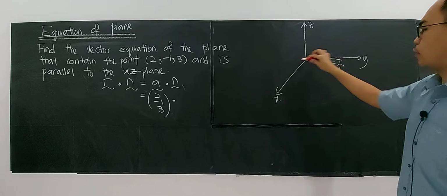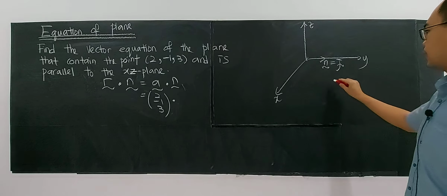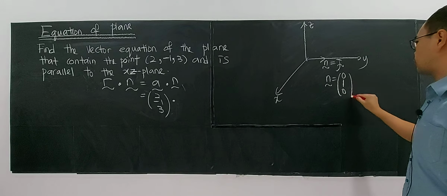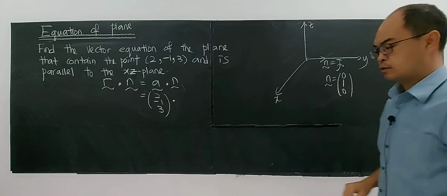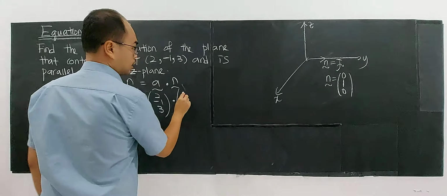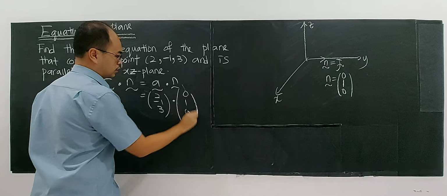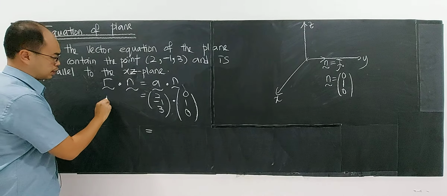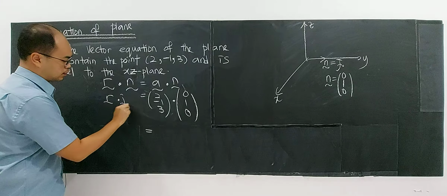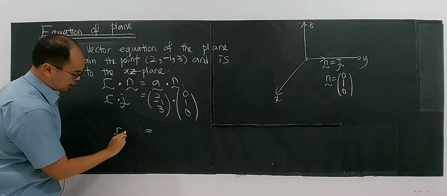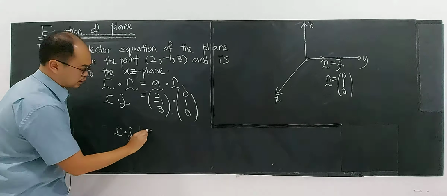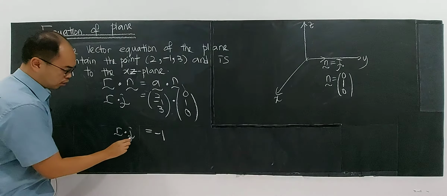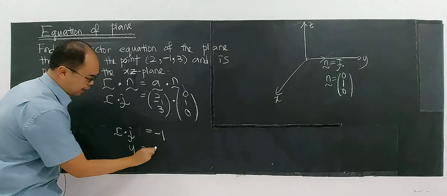It's parallel to the y-axis. So now n can be rewritten as 0, 1, 0, for x, y, z. And if you calculate r dot n, r dot j, your vector equation will be the same as -1. Or we say that y equals -1.